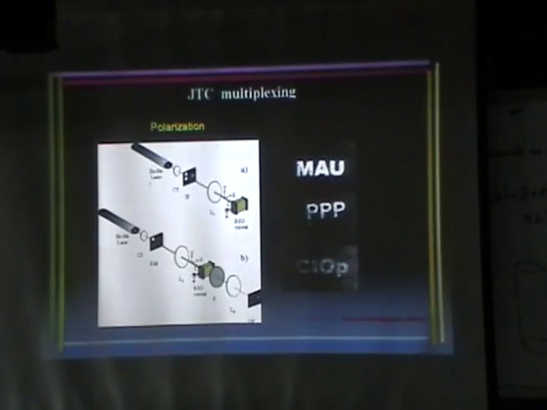Well, let's talk a little about a second architecture that is known as joint transform correlator.